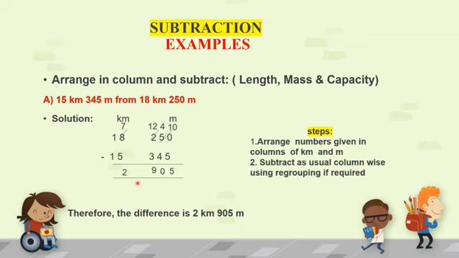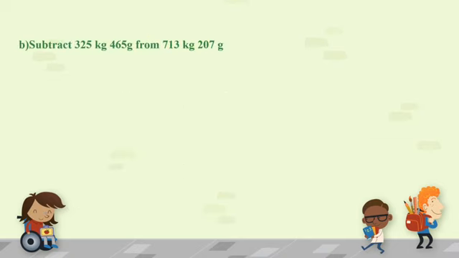Just the same way you're going to do for your measures of length, mass and capacity, with the only difference that you are going to write the numbers in the columns of the units given in the question. Here the units are kilometer and meter, so you will arrange the numbers in kilometer and meter columns. See a few more examples to understand this better.